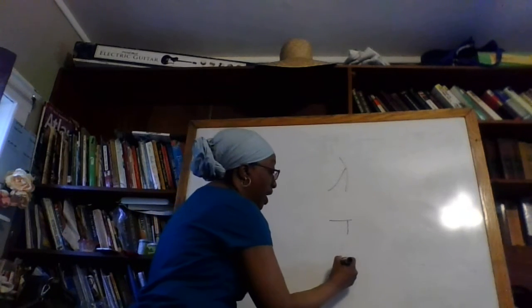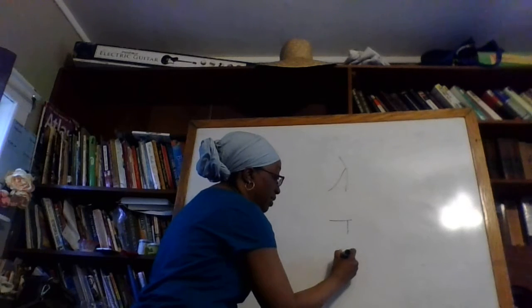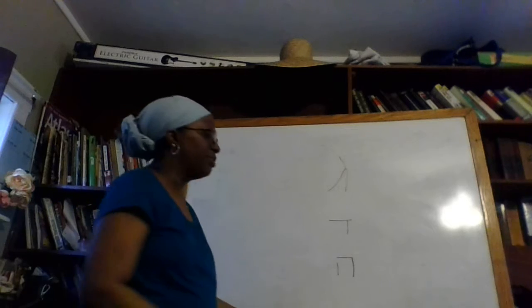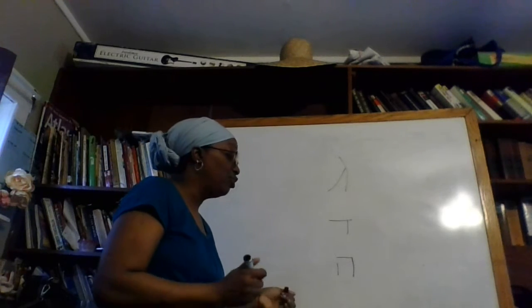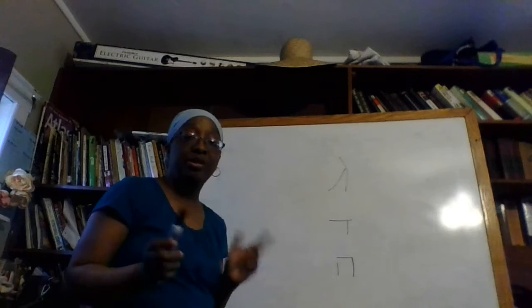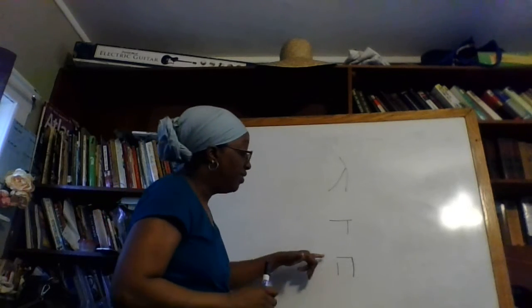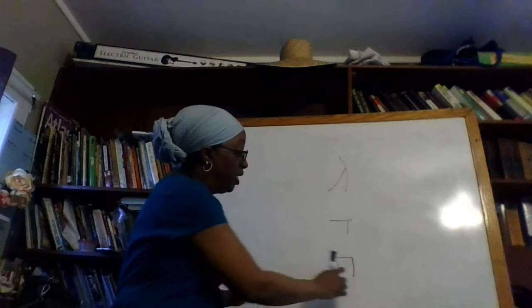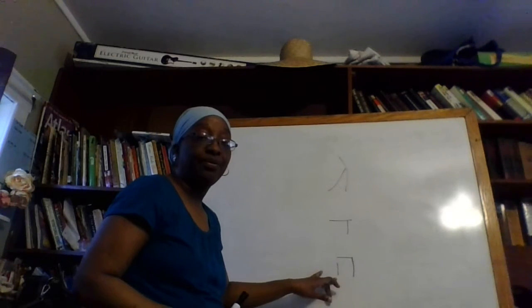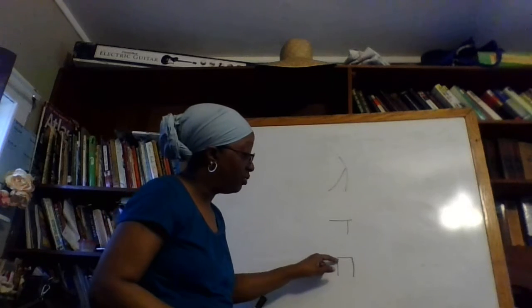Next is Hey. Now sometimes Hey can get confused with other Hebrew letters like Chet, but always remember this. If it's Hey, there'll be a little space between this curved line and the line on this side. There'll be a little space right there.